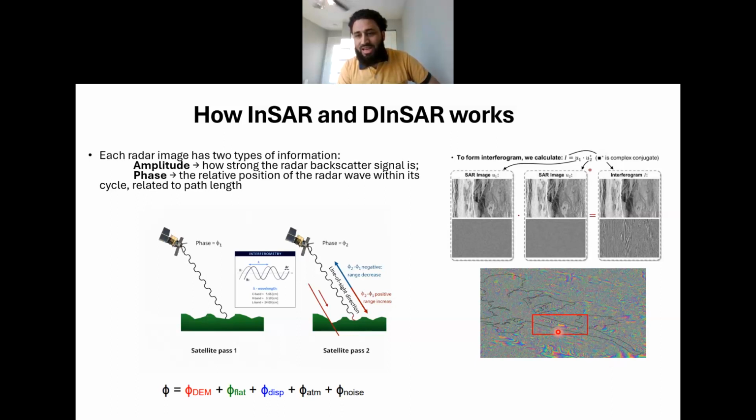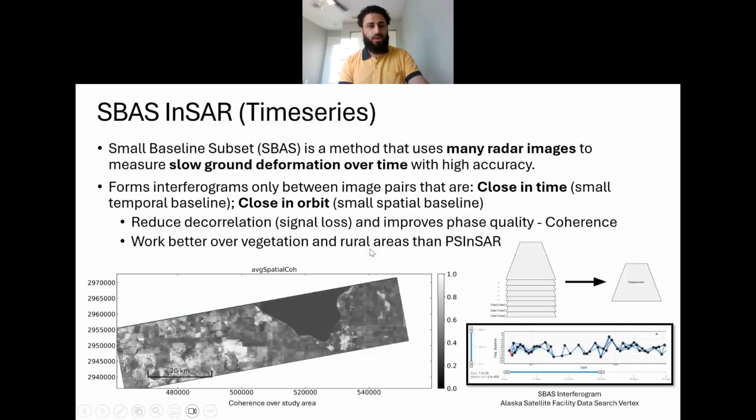That's why we see these fringes. That means there has been some movement, either away from the satellite or towards the satellite. But this phase component also has components from the topography of the Earth, the atmosphere of the Earth, and some sort of noise, which we have to remove in the processing.